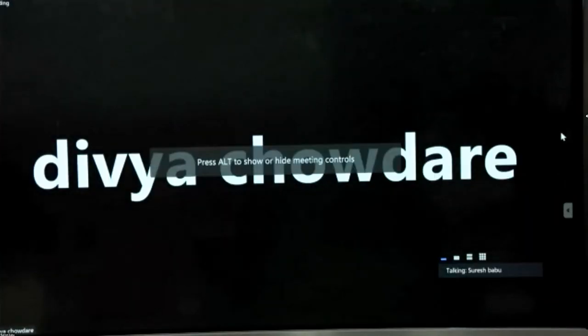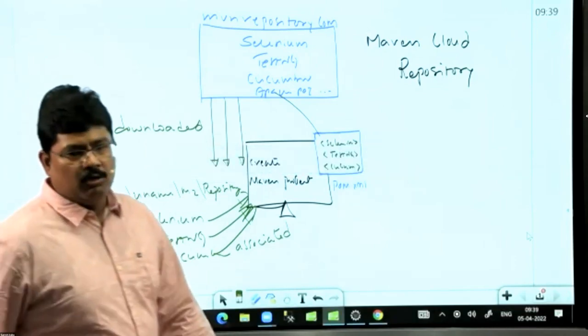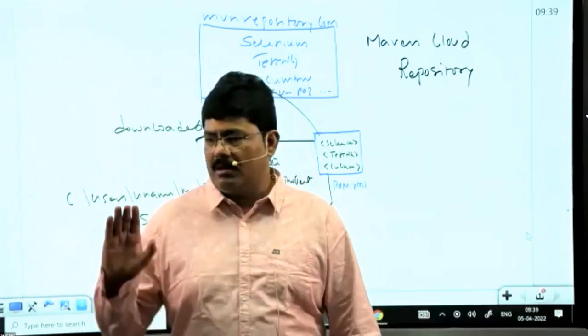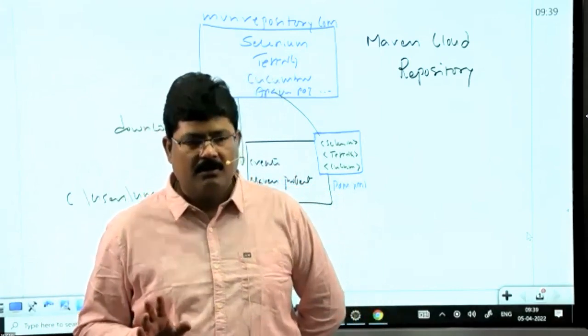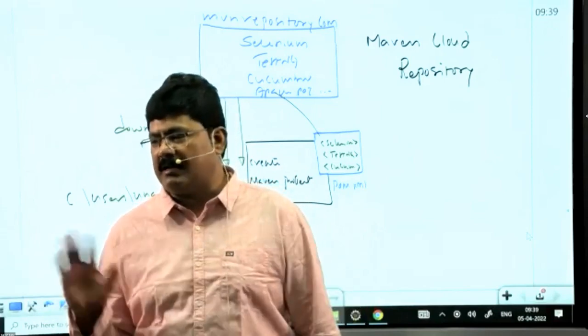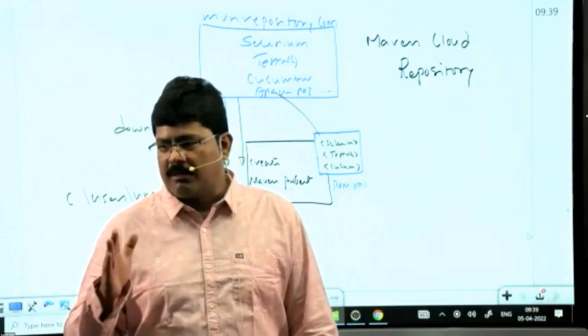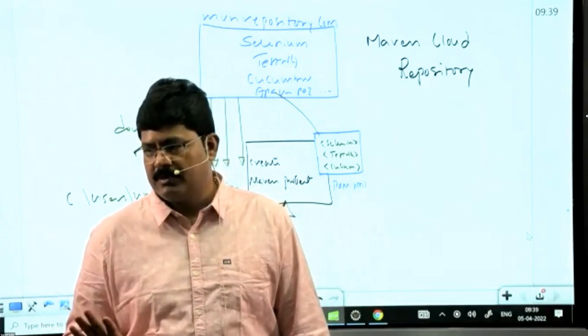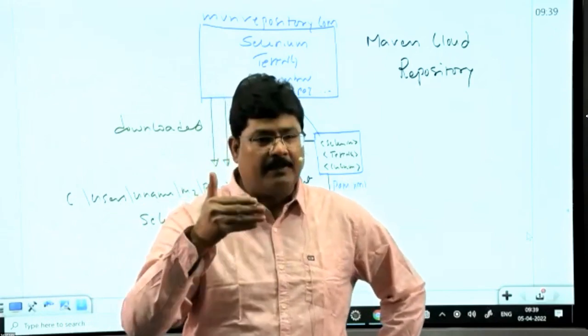Hope you understand this concept. Concept understood, right? So hereafter, you no need to associate any jar files explicitly. In real time, what we do, we don't create a Java project. We create Maven project. So Maven project also basically a Java project with a predefined project structure.